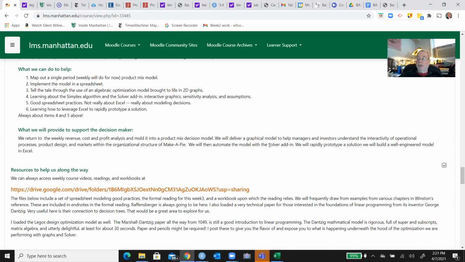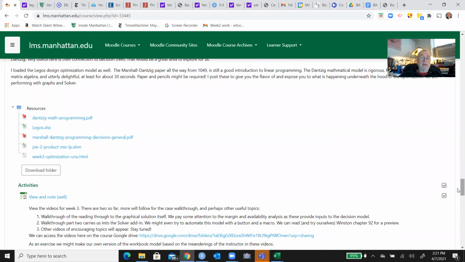Here are the resources, of course, to help us along the way. And several of them are right here. Now, what I want to go through are a couple of things, but probably the most important thing is this two-product pie making product mix model.